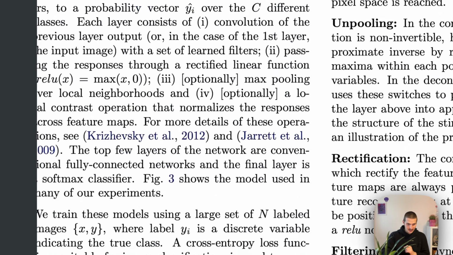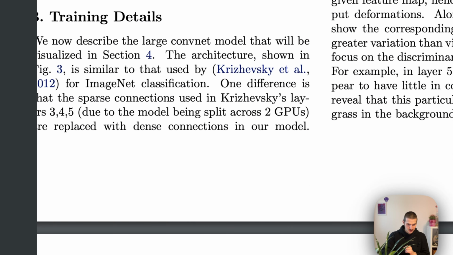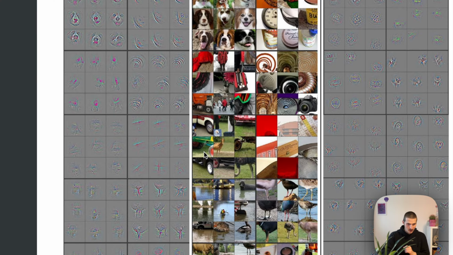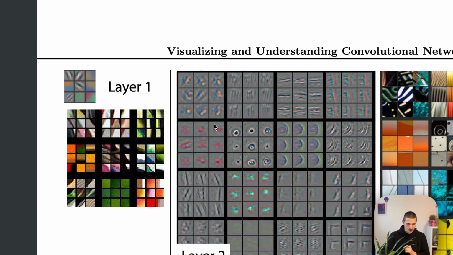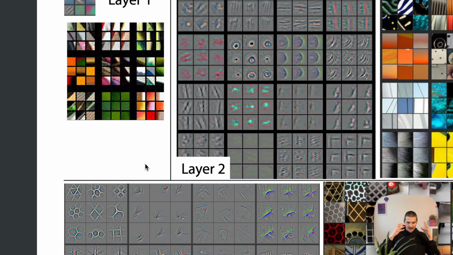So basically what they did is they took a convolutional network and they tried to generate images such that a certain piece of the image will maximize a certain pixel in this downsampled version on every layer.